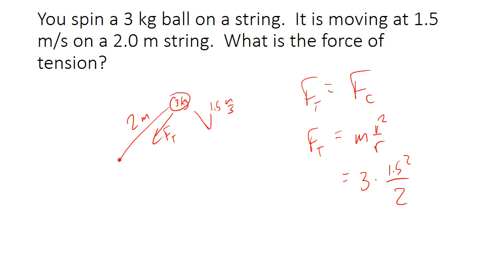So we are going to have 3 times 1.5 squared divided by 2. So your force of tension is going to equal about 3.4, I'll round it up to 4 newtons. Ta-da! So that's it. Let's do another one.